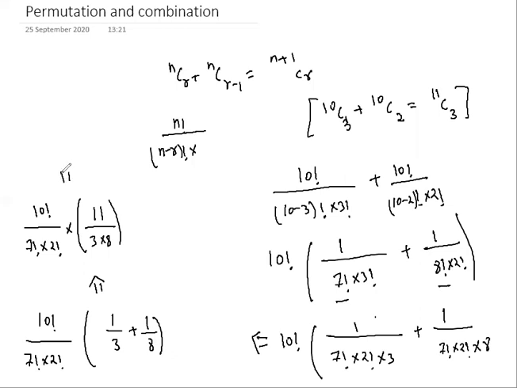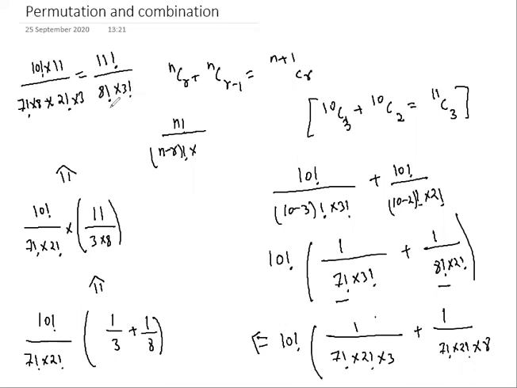Now see this. 10 factorial into 11 divided by 7 factorial into 8 into 2 factorial into 3. Isn't it 11 factorial divided by 8 factorial into 3 factorial?